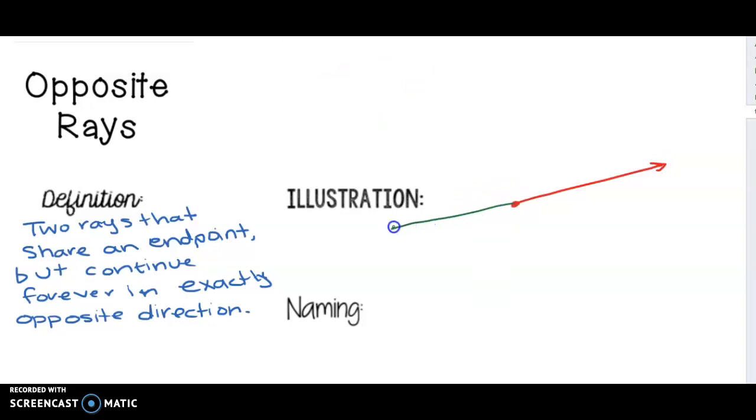Okay, here's the other, so like A, B, and C. Okay, so I would say that ray AC, so it starts at A, goes forever towards C, and ray AB, right, which is this way. So AC would be this ray, AB would be this ray. These are opposite rays.